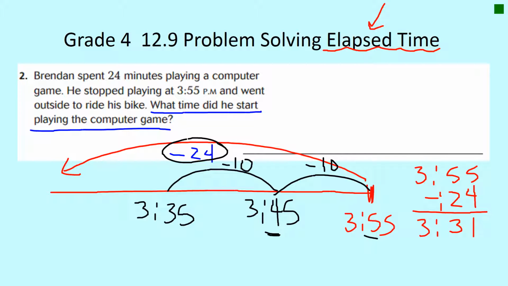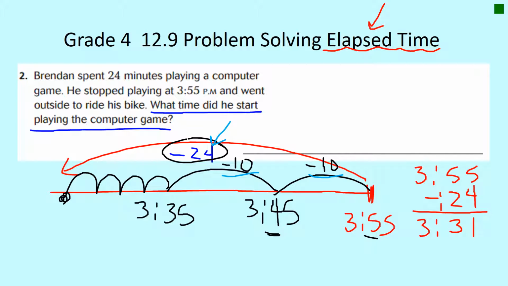Take another set of 10 minutes away. So we've taken 20 minutes so far, right? We've taken 10, 20. Now we have to go backwards how many more minutes? 4 more, because he spent 24 minutes playing video games. So 3:35, 3:34, 3:33, 3:32, 3:31.